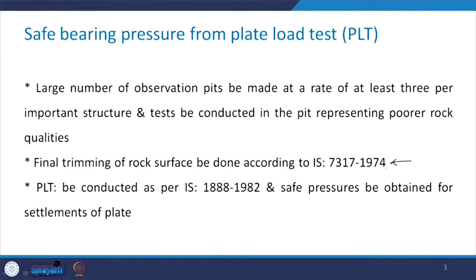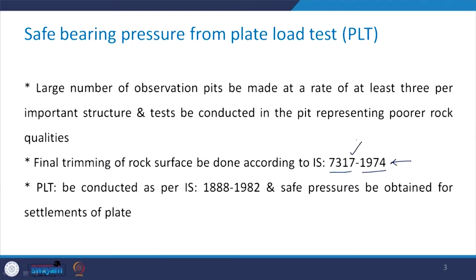The final trimming of the rock surface should be done according to the IS code, which is IS 7317. It has some specifications, so one can look at it, and the trimming of the rock surface should be done according to this code.